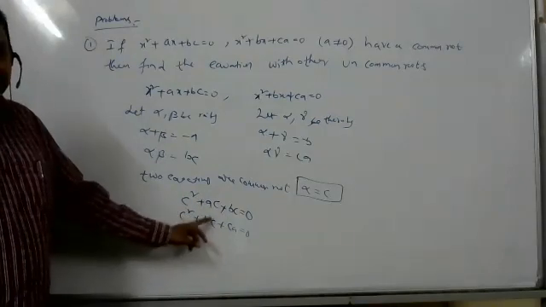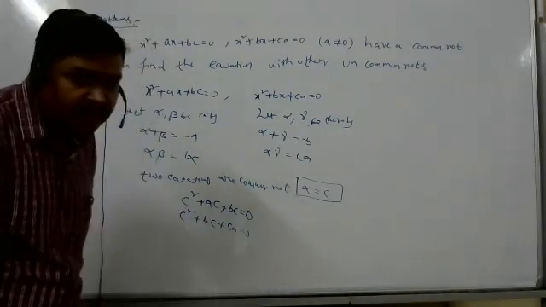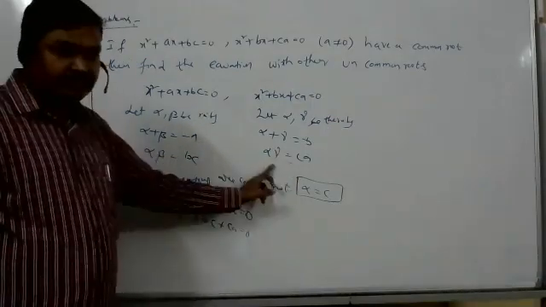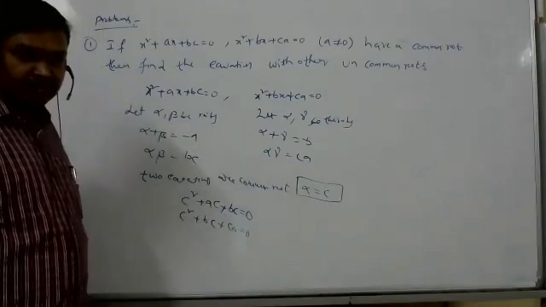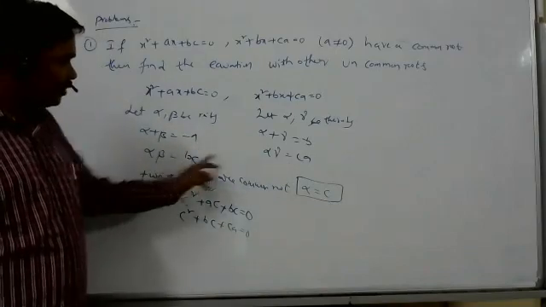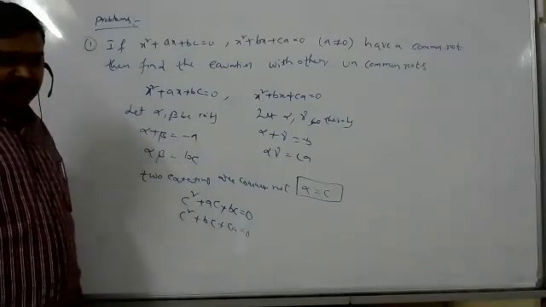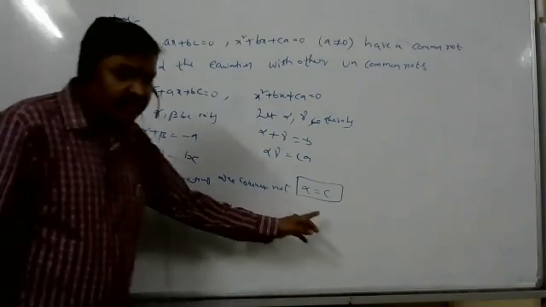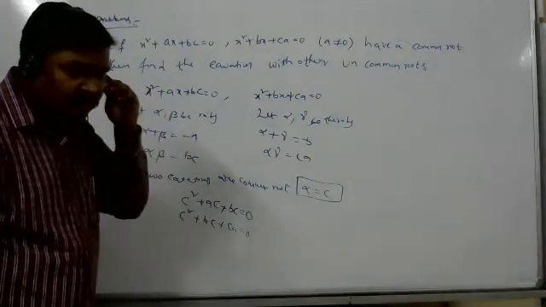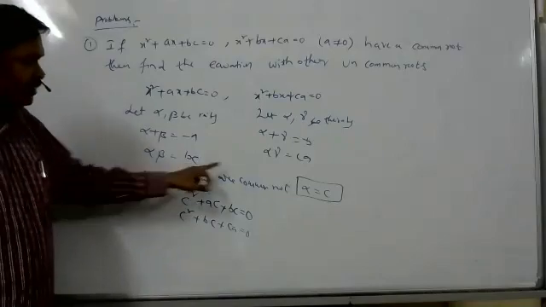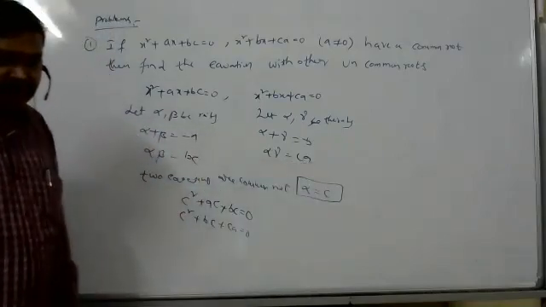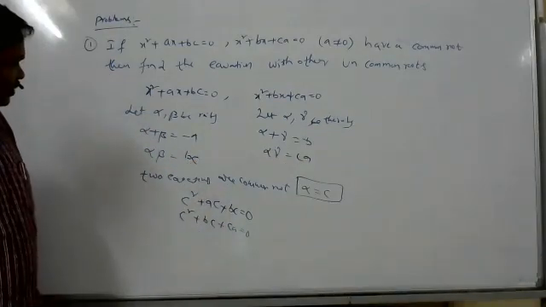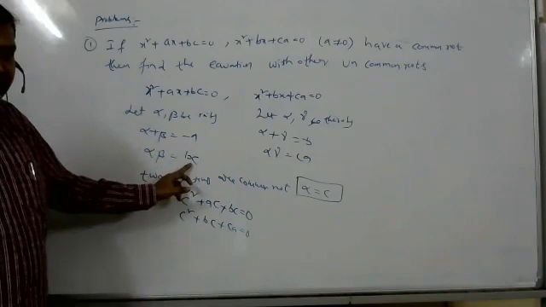Sir, how is alpha equal to c? Common root. Product. So c can be 0, right? See, alpha beta is equal to bc and alpha gamma is equal to ca. I am taking product of roots. c beta is equal to bc.